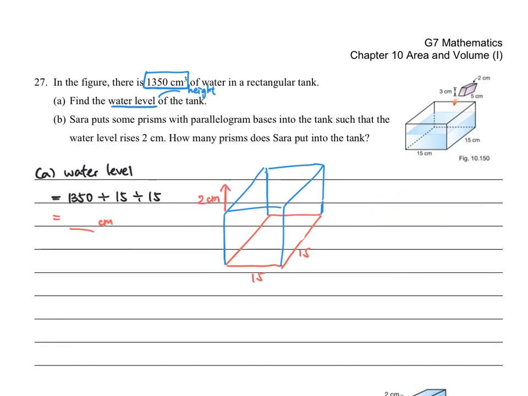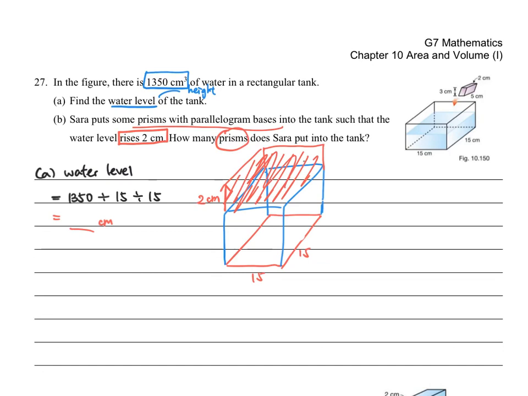Now let's look at part B. Sarah put some prisms, and then the water level rises 2 cm. So how do you find how many prisms are there? You have to look at the volume of the water increase after this 2 cm rise in water level. So how much water has actually been displaced by these prisms with parallelogram bases?